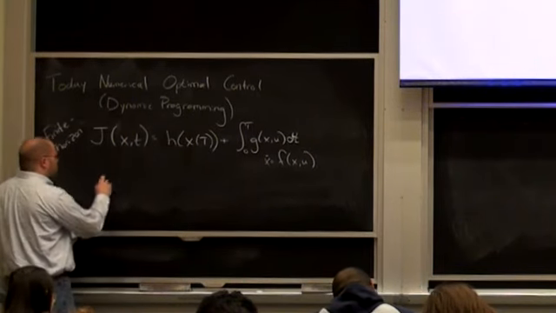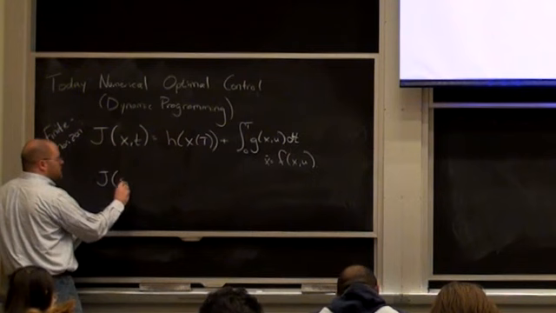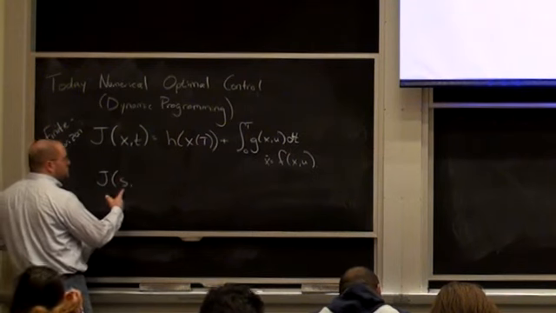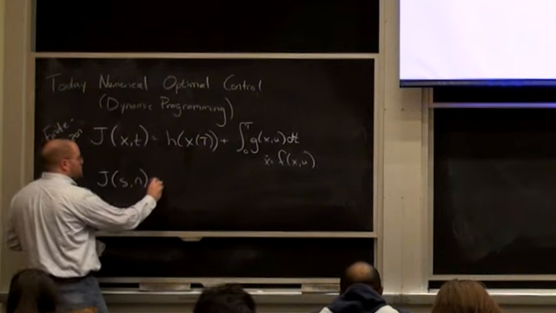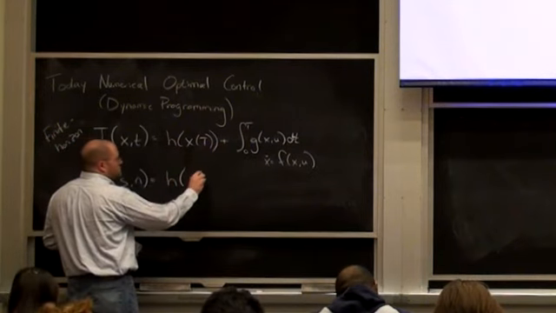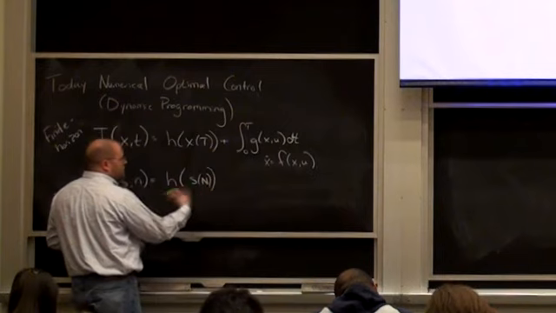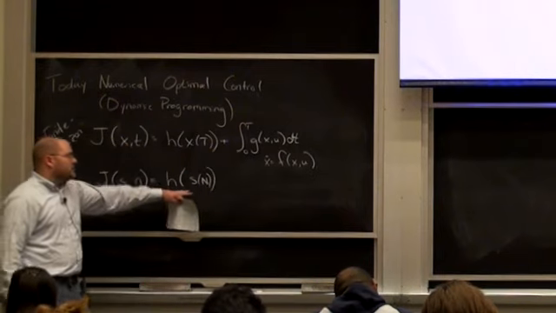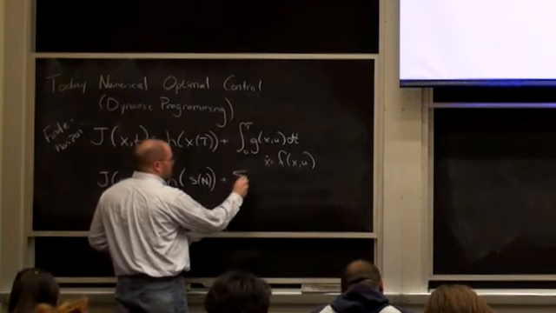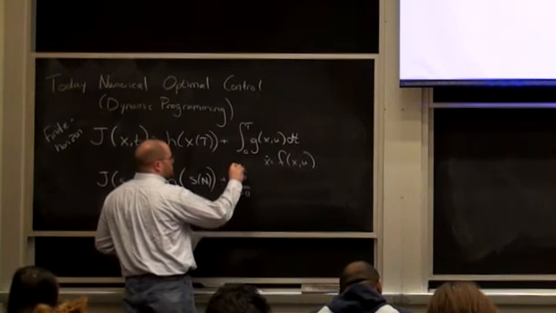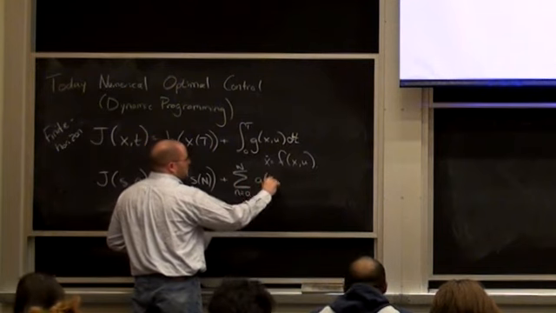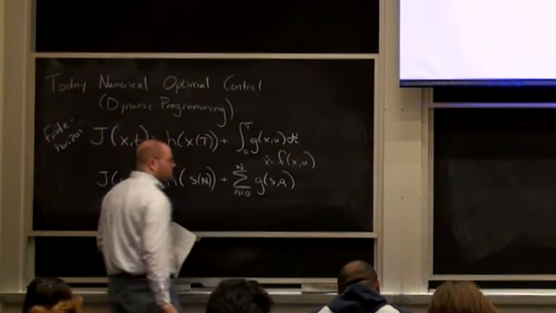And I'm going to start thinking of that now as being in state s at integer time n, and having some final cost h of s, plus a sum from n equals 0 to N of g(s,a).